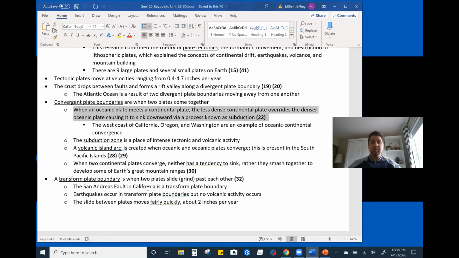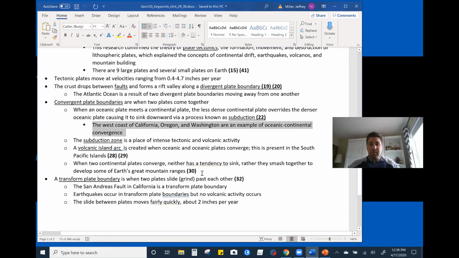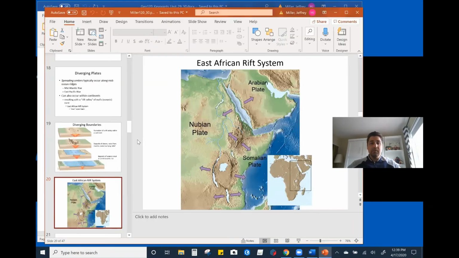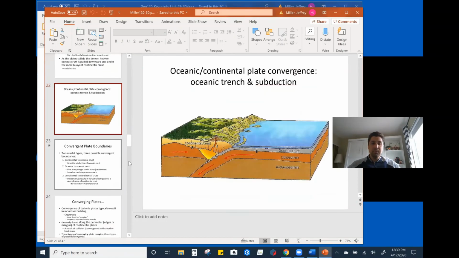That's known as subduction. Okay, and what we see on the west coast of California, Oregon, Washington, those are examples of ocean and continental convergent plate boundaries, because of what's called a subduction zone. Here we go. This is the example I'm talking about.